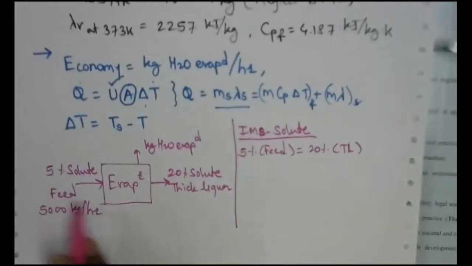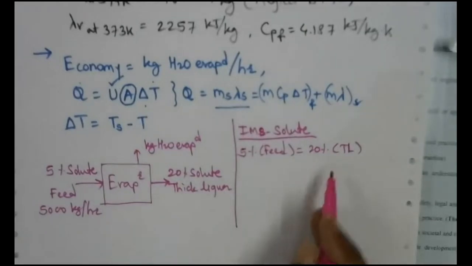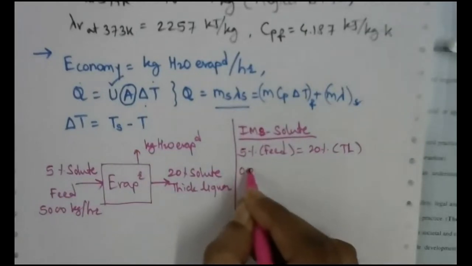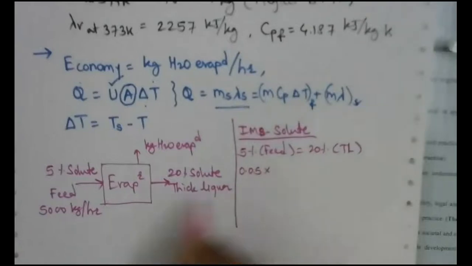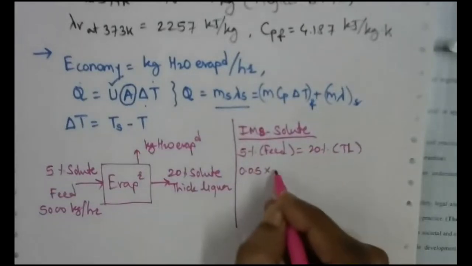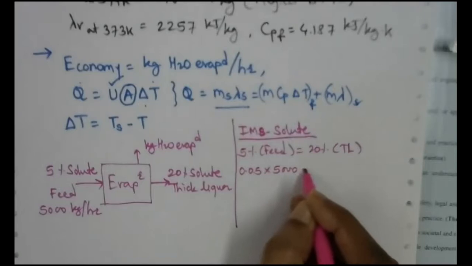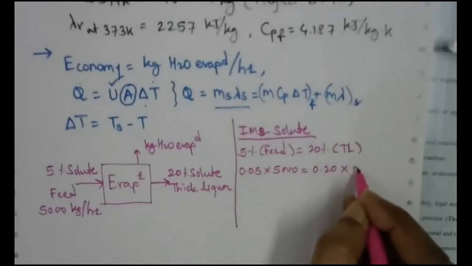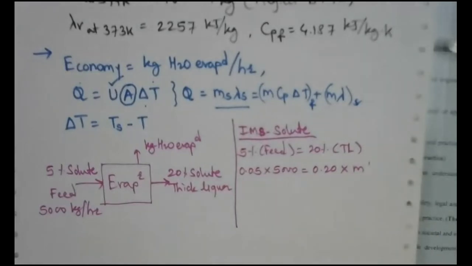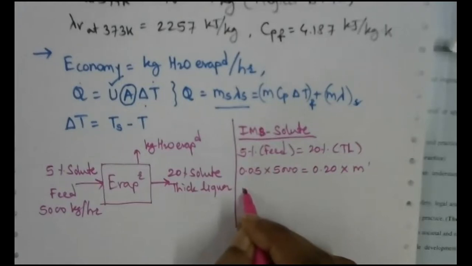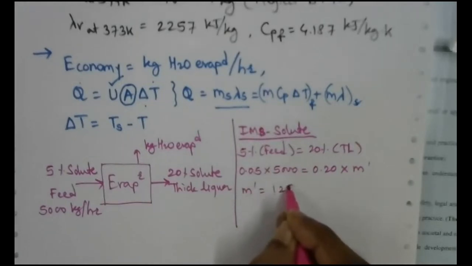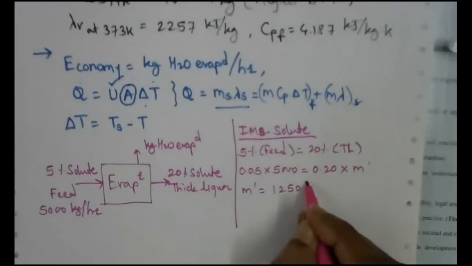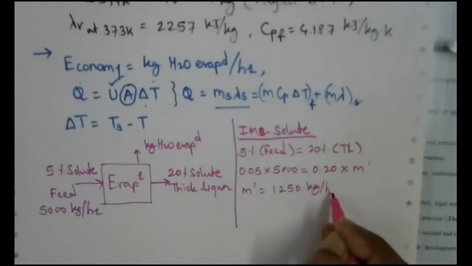So solute in equal to solute out in the percentage term. So that is 0.05 of feed. So feed rate is given 5,000 equal to 20% means 0.20 and mass flow rate of that thick liquor. So from this we can calculate the mass flow rate of thick liquor, that is 1250 kg per hour.